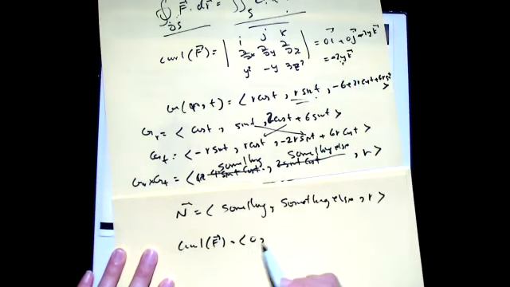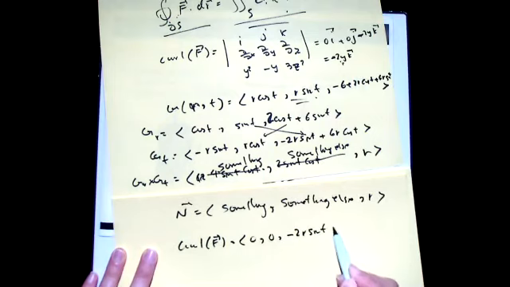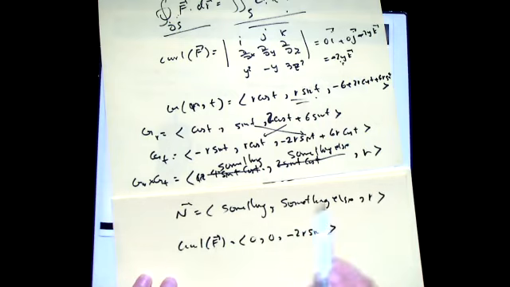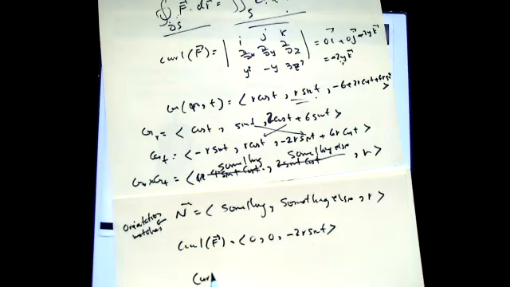So I get 0, 0, and -2r sine t. And I dot these two together. The orientation matches. And then dot these together, curl of F dot N, the something something goes away. So I'm free of something something. I get this.